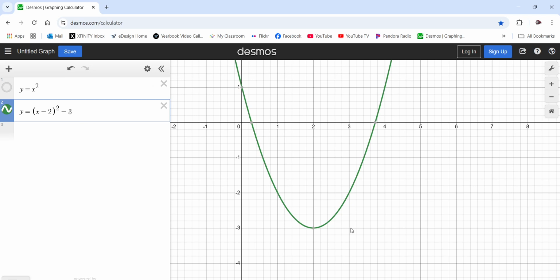If I go over 1, I go up what? If I go over 1, I go up 1, right? Because on this parent one, if I went over 1, put a 1 in for the x, what's 1 squared? It's 1. Now, if you wanted to, you could put that point in. What is that point? 3, -3.